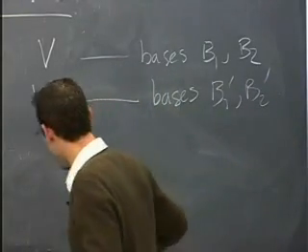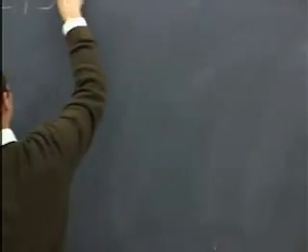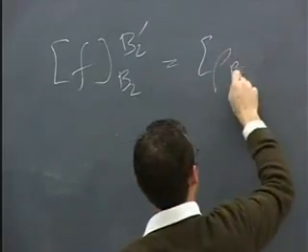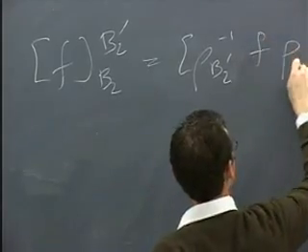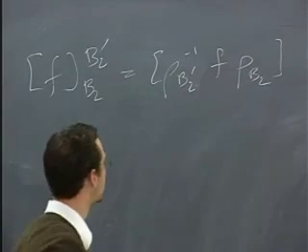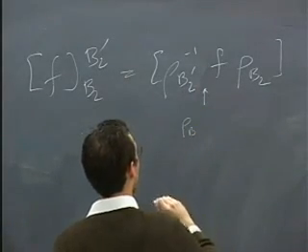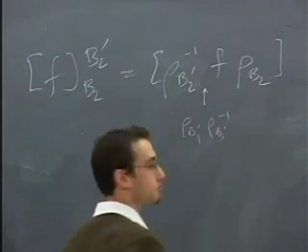Well, let's just write out explicitly what F is in terms of the second vector space. So suppose you write this in terms of B2 prime. Well, we define this as being rho B2 prime inverse F rho B2, right? But I can always insert here, say, rho B1 prime, rho B1 prime inverse. That's just the identity map.